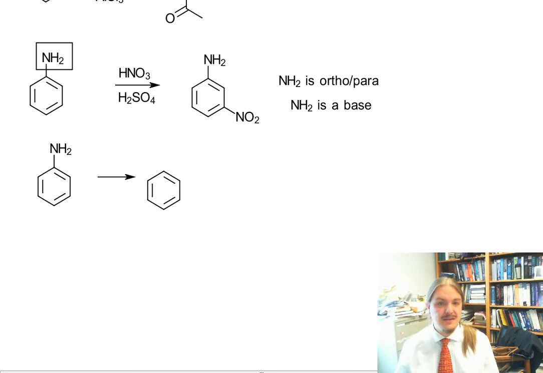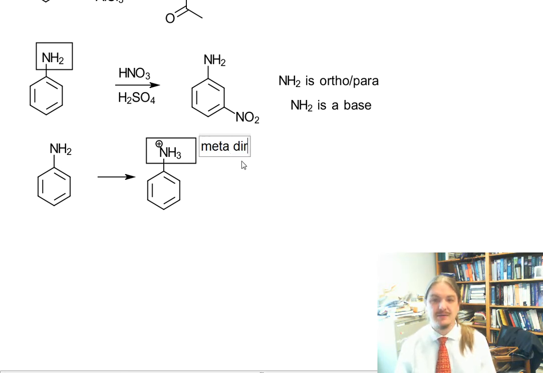And so it's going to get protonated, and now we've got this thing here, and this is a metadirector. And that's why we get meta-nitroaniline and not para or ortho-nitroaniline.